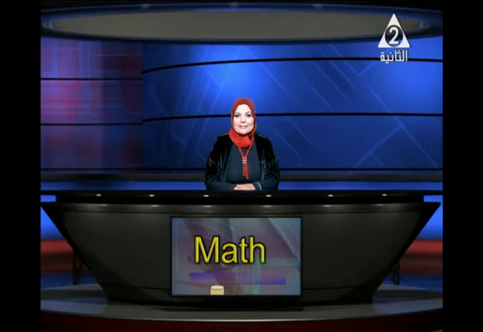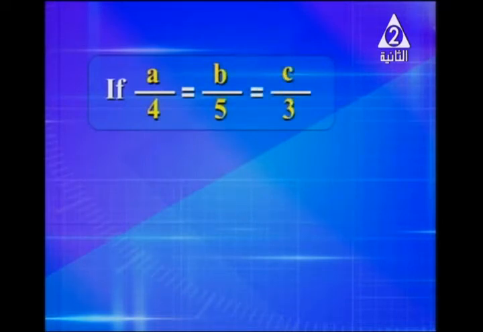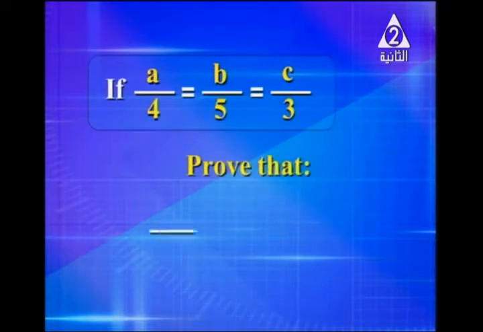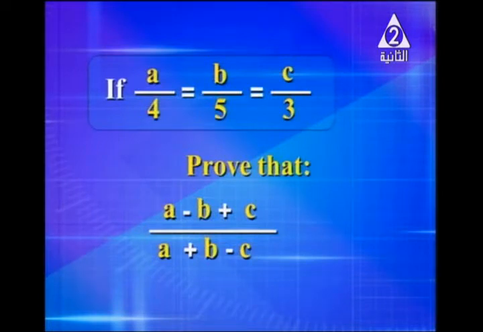Understand? Then if a/4 = b/5 = c/3, prove that (a − b + c)/(a + b − c) = 1/3.